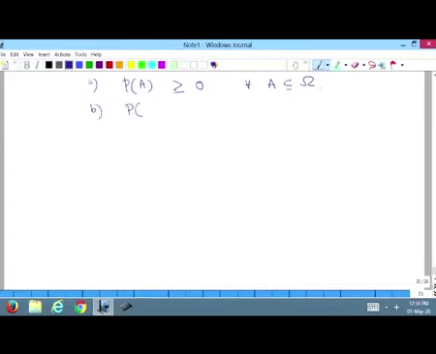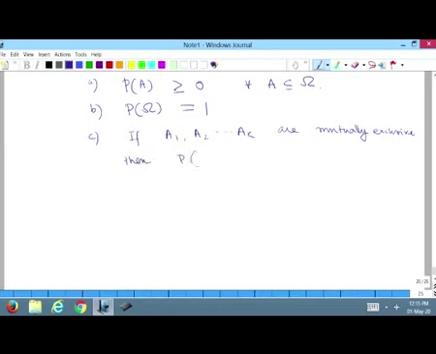B, P of omega is equal to 1, and C, if A1, A2, up to Ak are mutually exclusive, then P of A1 union A2 union up to Ak is equal to the sum of the probabilities of the individual events, i equal to 1 to k.